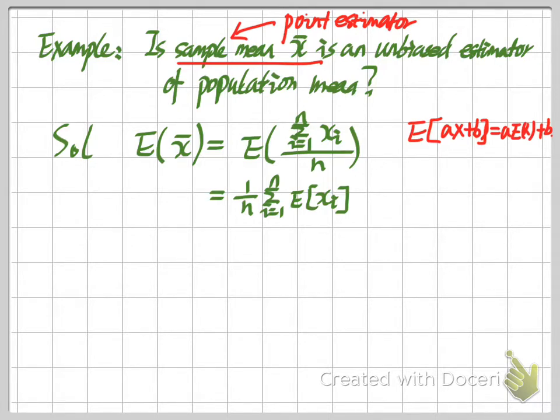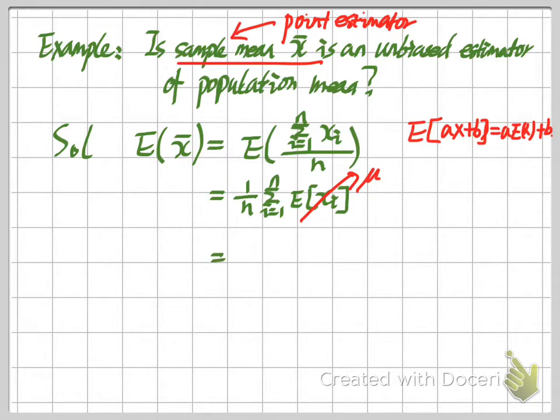And then for this one, what's the value of the mean of xi? Please remember x are all the observations of our random variable. So the mean of xi should equal the mean of our random variable, which is mu, the population mean.